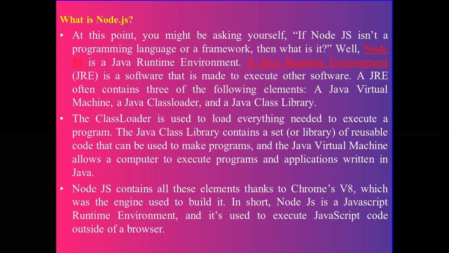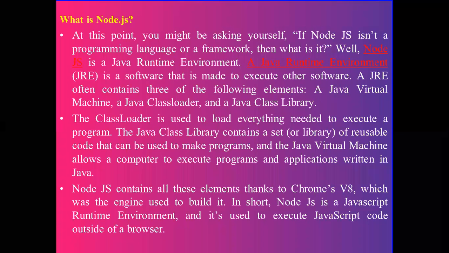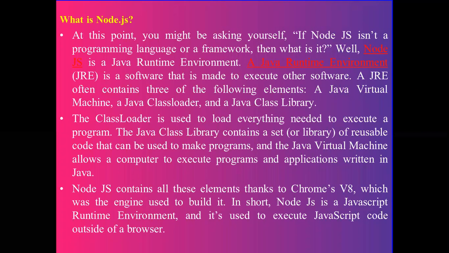So the class loader is used to load everything needed to execute a program. The Java class library contains a set of reusable code to make programs, and the JVM allows the computer to execute programs and applications that are written in Java. So Node.js contains all these elements, that are included in Chrome's V8 engine, which was the engine used to build it.